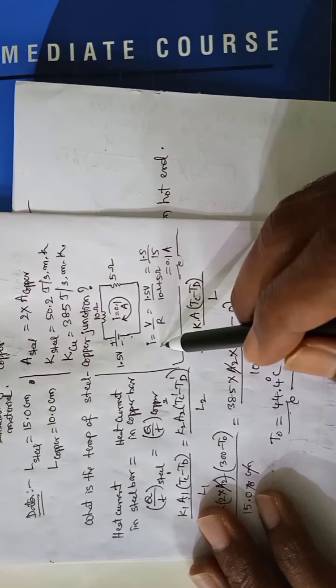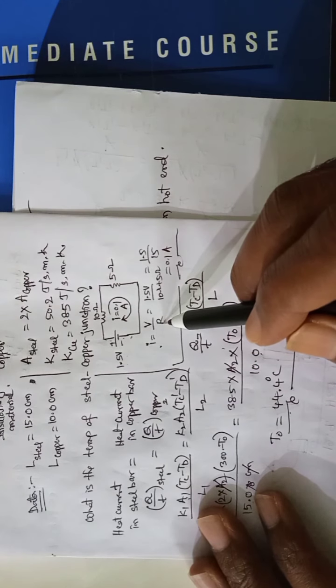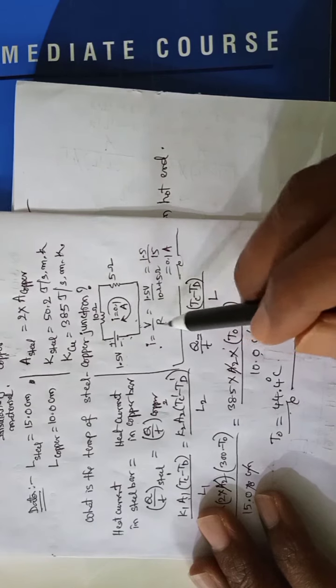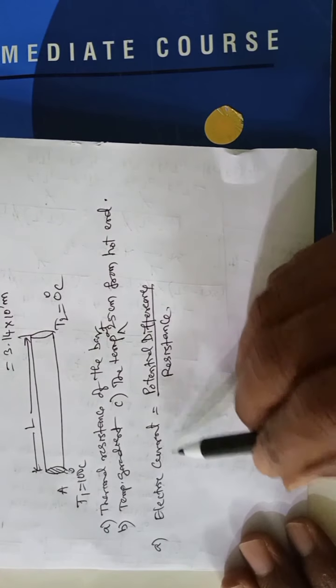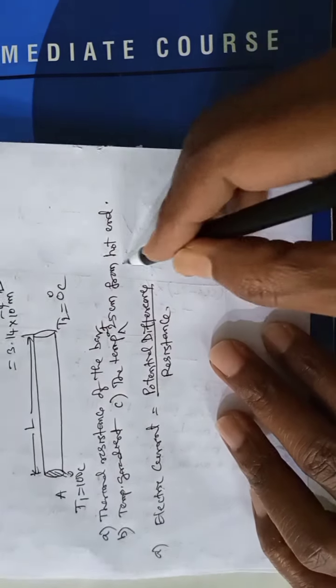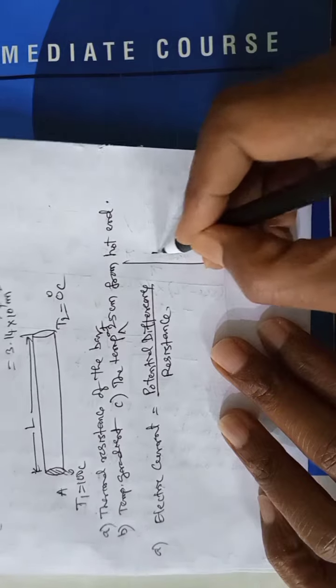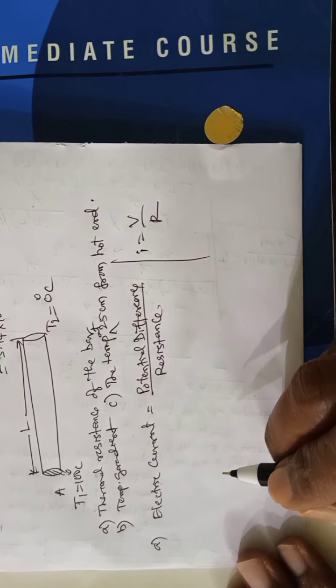So electric current is equal to potential difference by resistance. Let me write this. Electric current is equal to potential difference by resistance. Here I have written I is equal to V by R, Ohm's law, right?